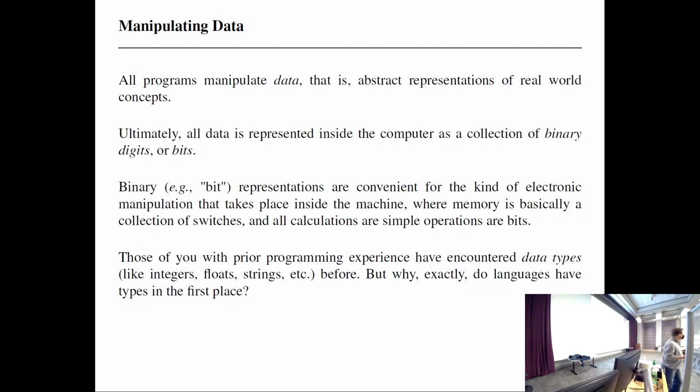So if you're using C, then you have this notion of a short integer and a long integer. If you're using, I don't know, name a language, it'll have its own collection of data types that are built into the language and allow you to represent data of different types. And the question is, if everything is made out of bits, why do languages have data types at all?